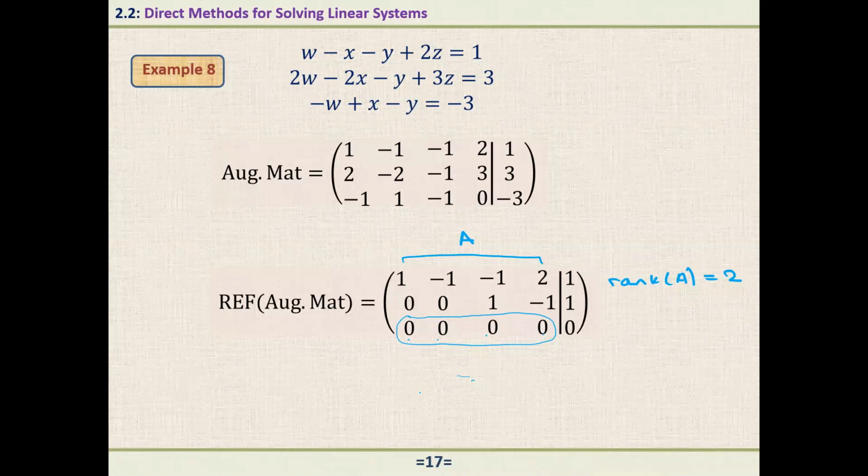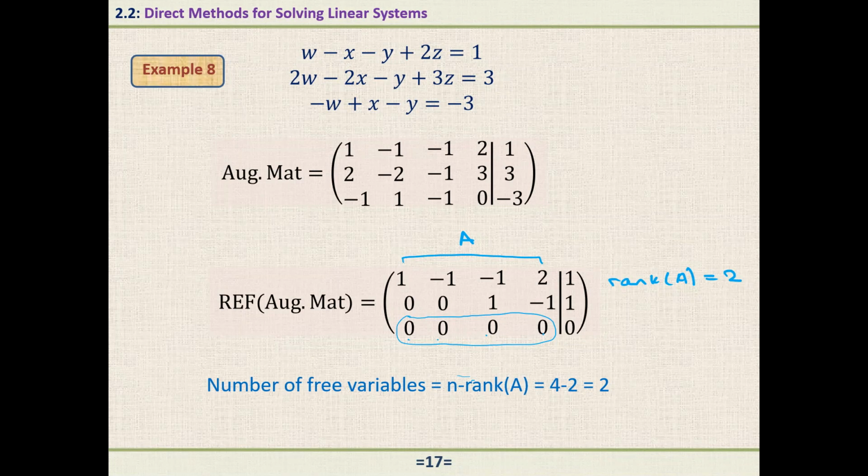Then the number of free variables, when we solve this system, will be 4 minus 2, so we will have 2 free variables. So the number of free variables, that's n minus the rank of A, is equal to 4 minus 2, which is equal to 2. That is example 4, just using rank. I'm just giving this example so that you get more familiar with the rank and also with its pronunciation.